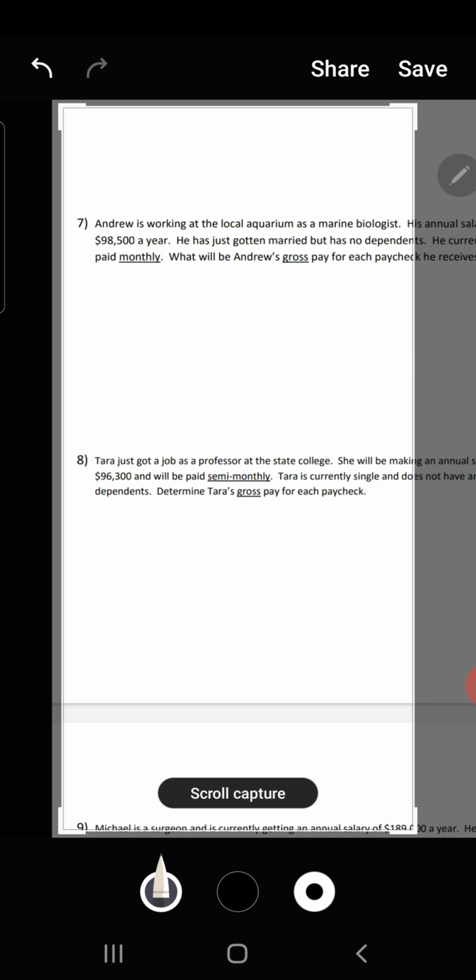She's getting paid twice a month, and there are 12 months in a year, so 12 times 2 means she's getting a total of 24 paychecks. To find her gross pay, you just take the 96,300 and divide it by 24.